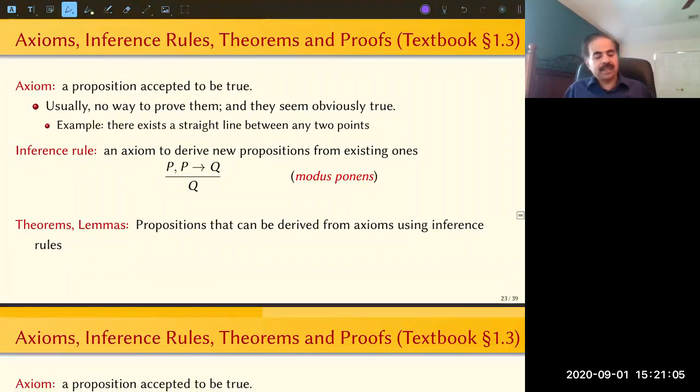And then what is a theorem? A theorem is something that you can establish by starting from the axioms and repeatedly applying inference rules. The idea is that every step in your proof is based on what we have all agreed to be true.